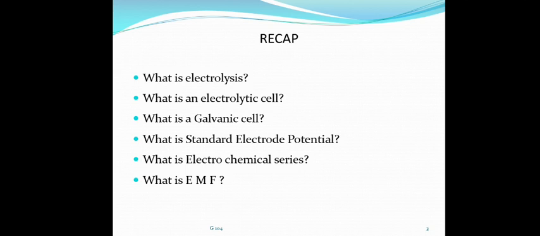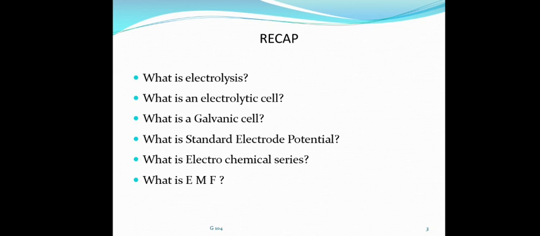That is from the oxidation electrode to the reduction electrode, from the anode, the negative electrode, to the cathode, the positive electrode. So that is the force or the potential that is driving the electrons from anode to cathode, or driving the current from cathode to anode, and that is called electromotive force.